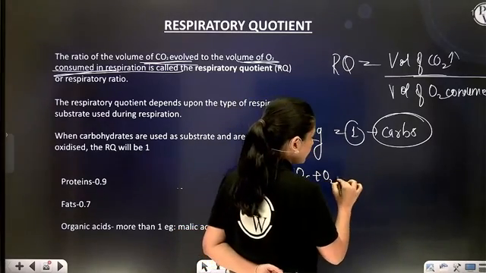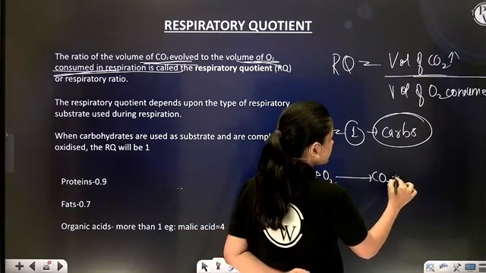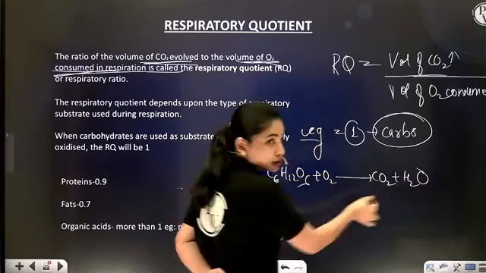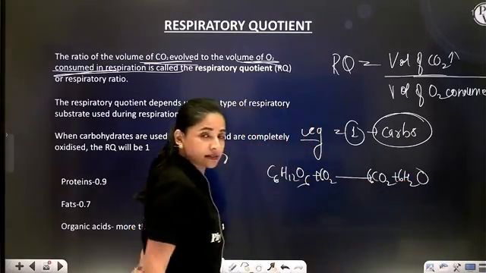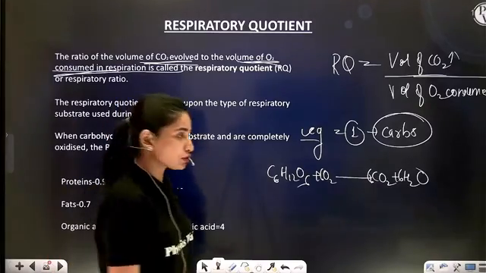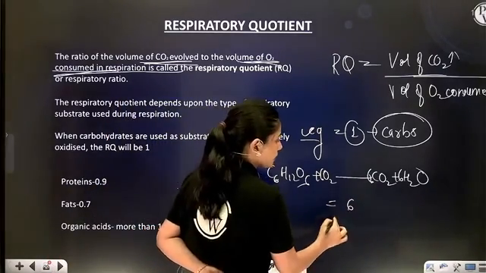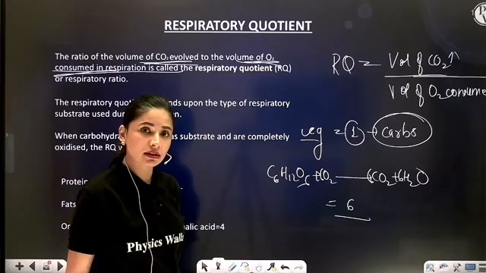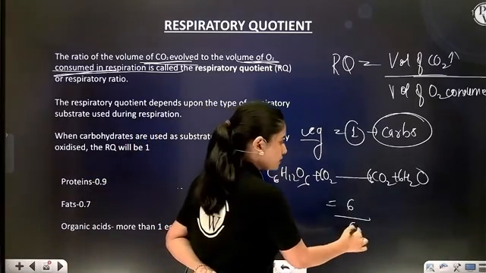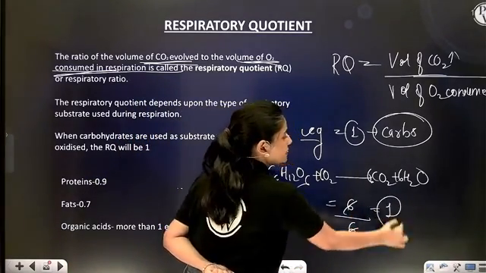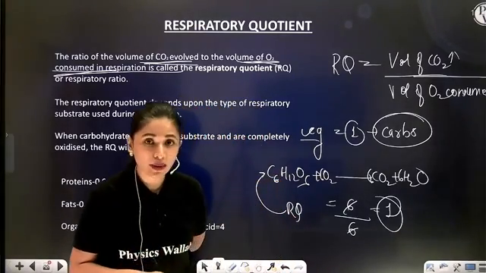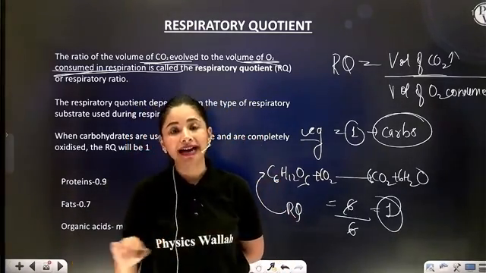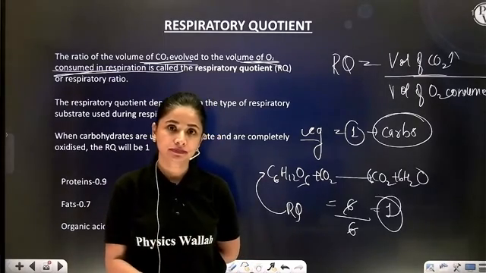Oxygen is required to completely break down into its simplest form. Now just balance this equation. Balanced. How many volume of CO2 is required? 6. How many volume of oxygen is required? 6. So 6 by 6, 1. Hence RQ of any sugar you take, it is always going to come 1 when you balance the equation.